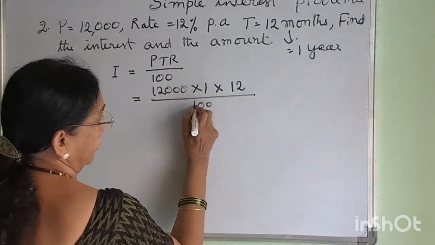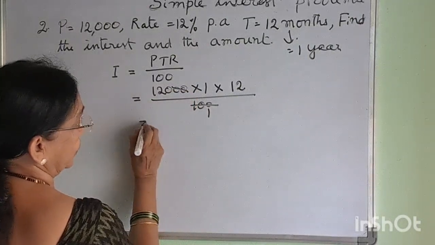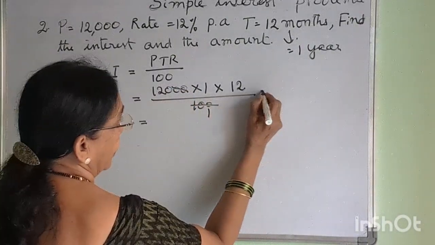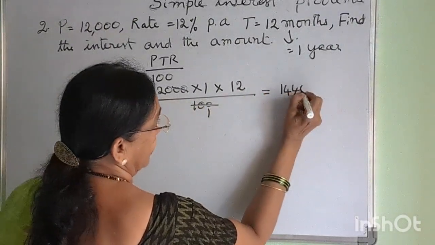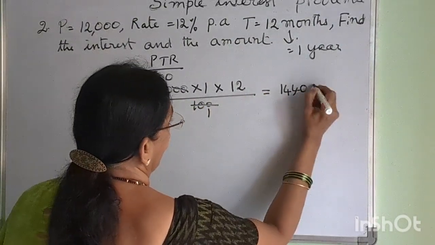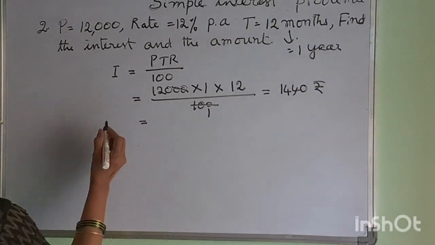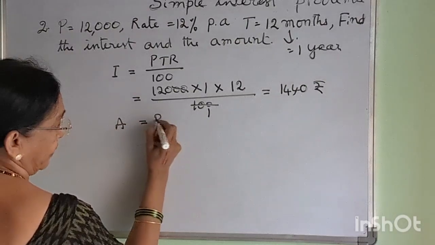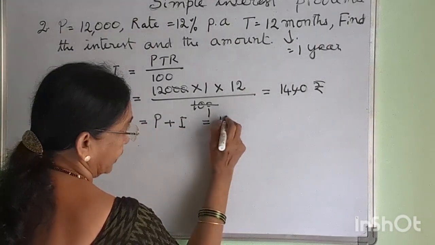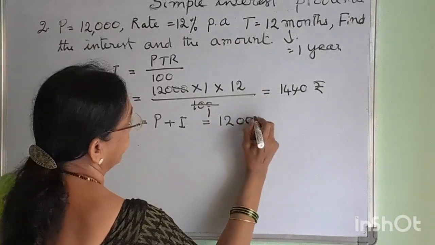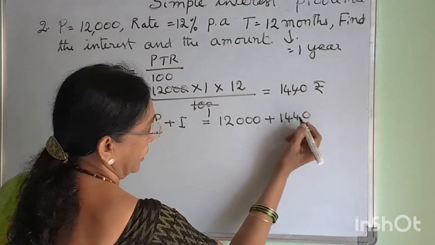The rate of interest is 12 and the denominator is 100, so 100 ones are 100, two zeros cancel. So this is equal to 12 12s, 144 and a 0 is there. So this is 1,440. Therefore amount is equal to principal plus interest. Principal is 12,000 plus interest 1,440.